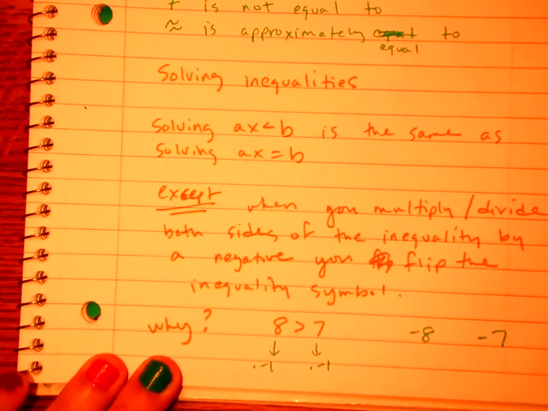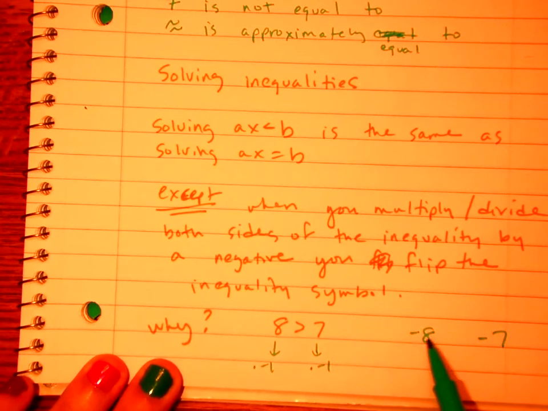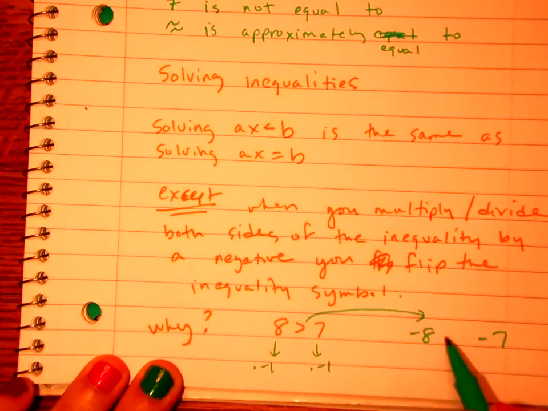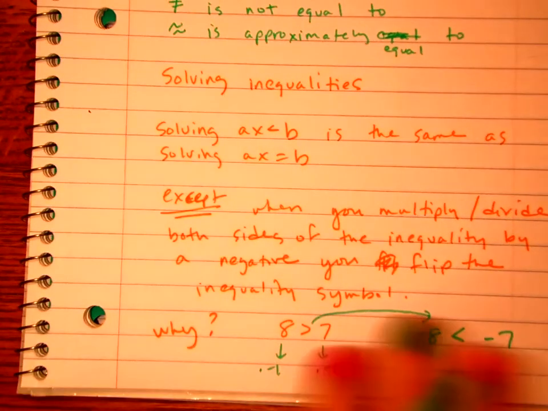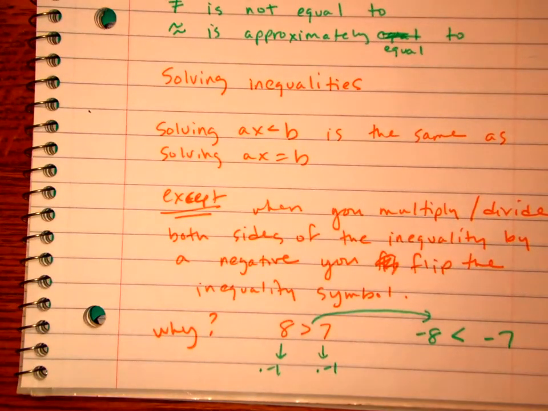But now, is -8 greater than -7? No, -8 is less than -7. So when you multiply by a -1, it changes the orientation of how the two numbers are related.